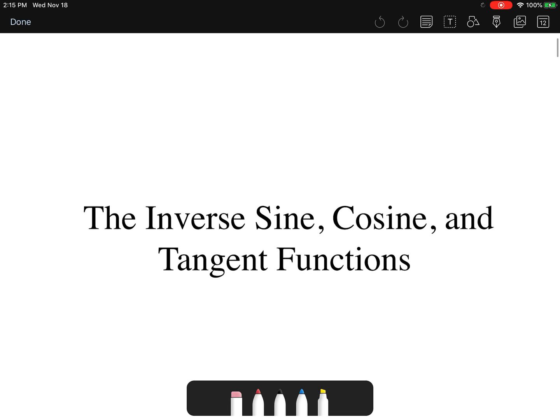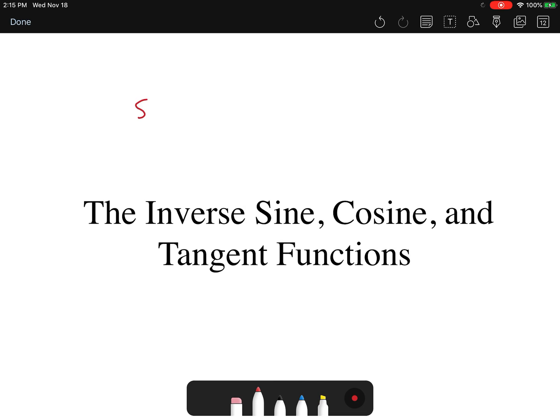Okay, before, when I would tell you, hey, what's the sine of pi over 6? Well, you would say 1/2. Well, now we're going to have the capability to take the inverse sine of 1/2 and get pi over 6.